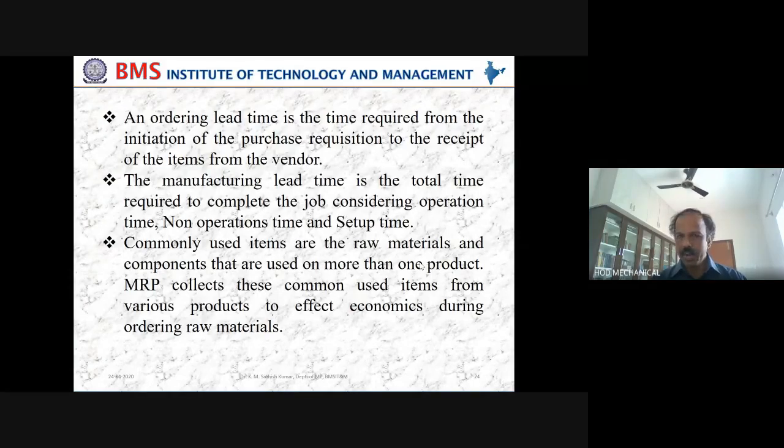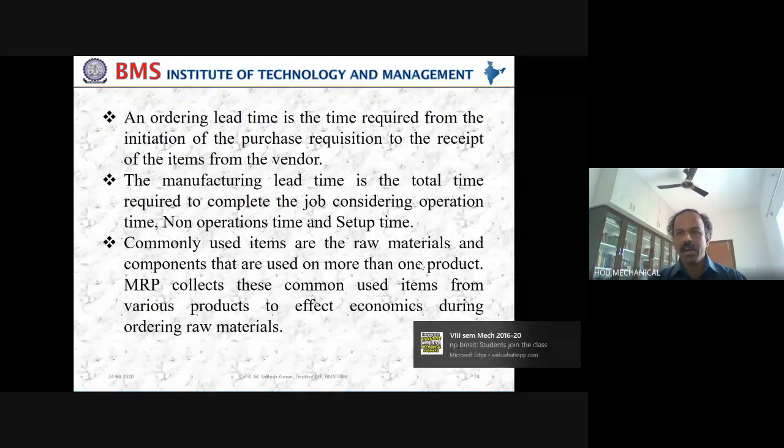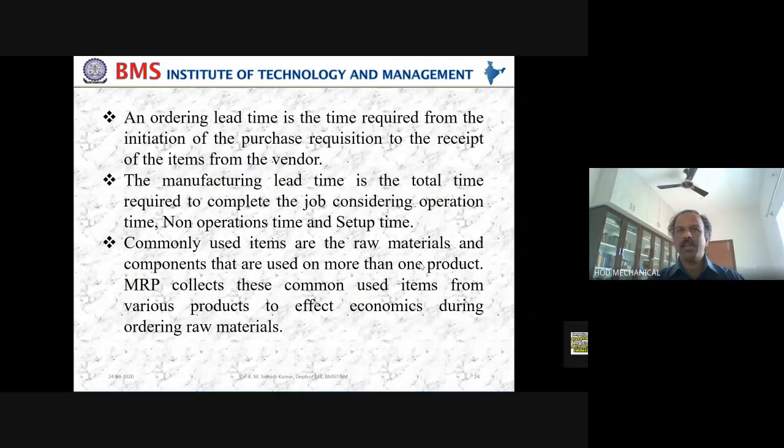From this date of issuing the purchase order until you receive the actual product on your shop floor, that time is called the ordering lead time. It is the time required for the supply of the component from the vendor.